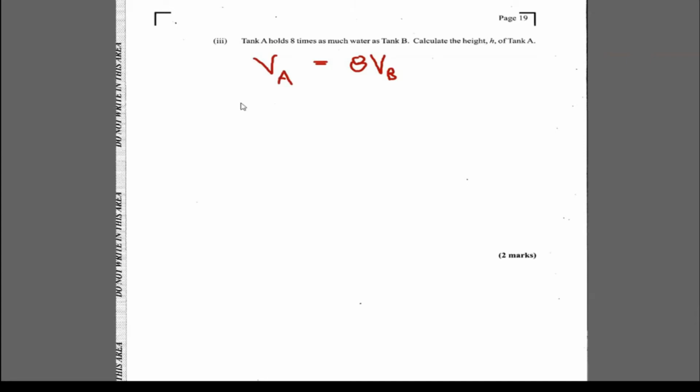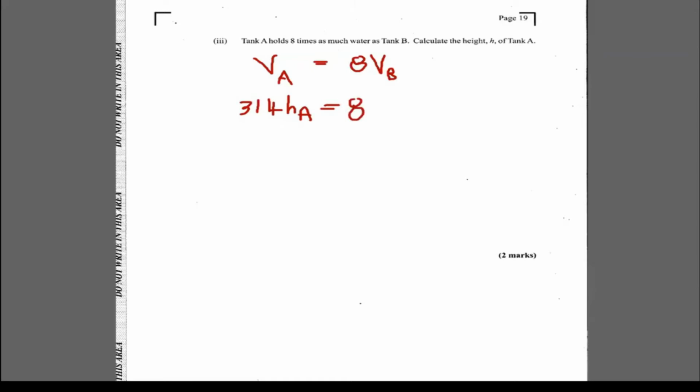The cross-sectional area for A, as we saw, is 314 times the perpendicular height, let's call it HA, which means the height of tank A. And that's, of course, equal to 8 times the volume of B.